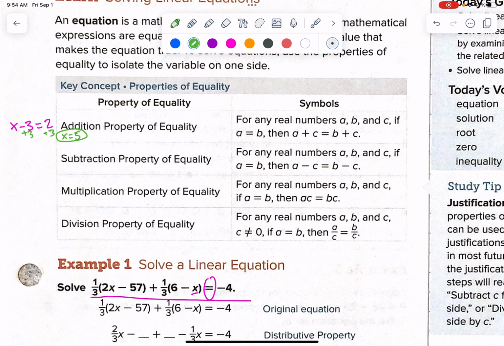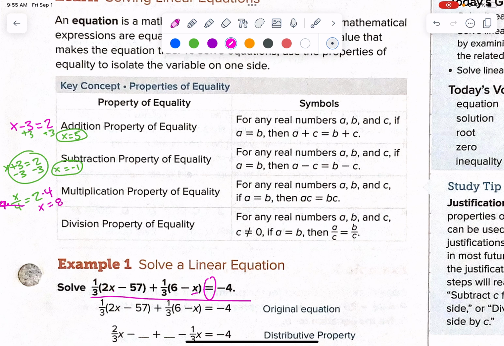The subtraction property would be like, let's say we have x plus 3 equals 2, and we can subtract 3 from both sides and get x equals -1. And because we subtracted 3 from both sides, it is legal, okay? The multiplication property says that, like, let's say we have x over 4 equals 2. Okay, that's like x divided by 4. So what we can do is we can multiply by 4 on both sides to get the x by itself, and we get 8.